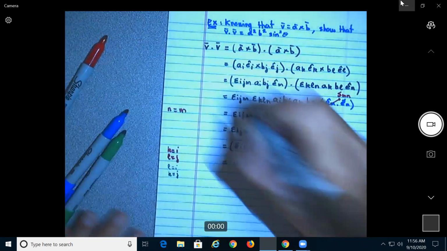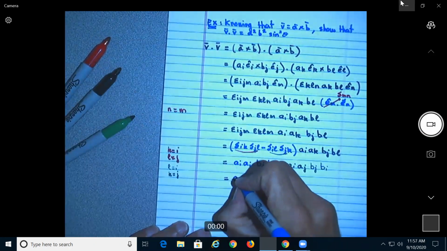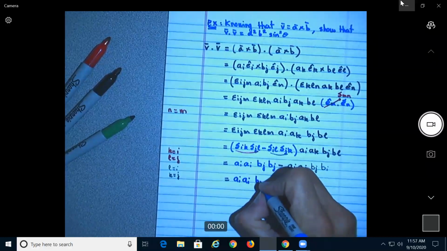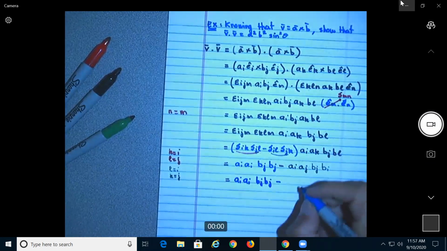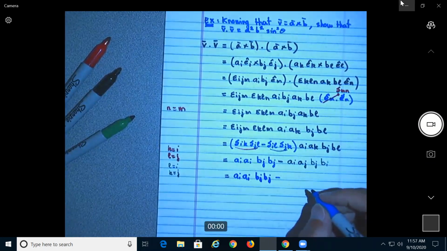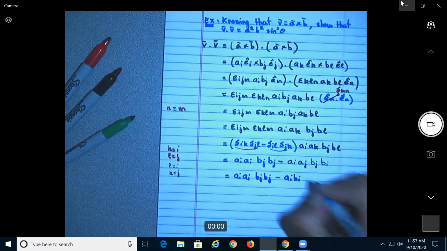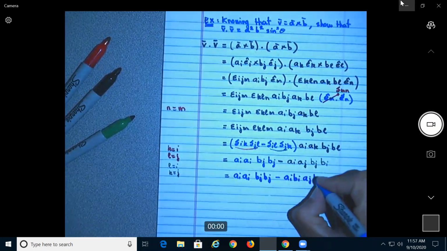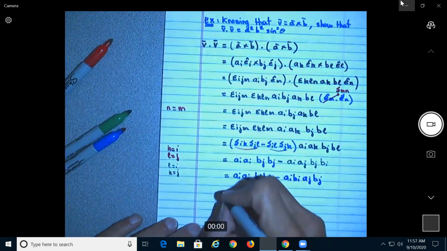So this will give you here A sub I, that remains unchanged, B sub j, B of j, minus A sub I, B of I, A sub j, B of j. Okay?